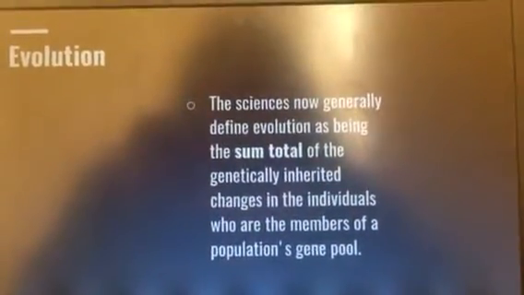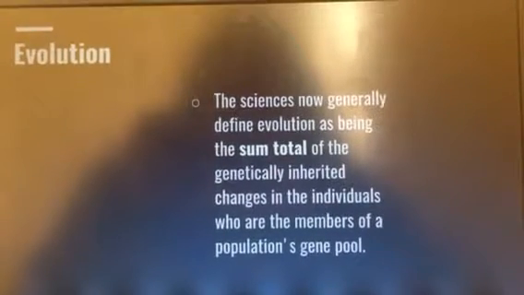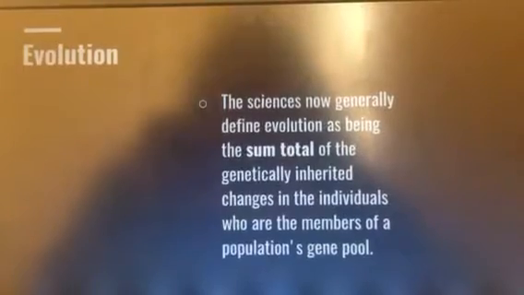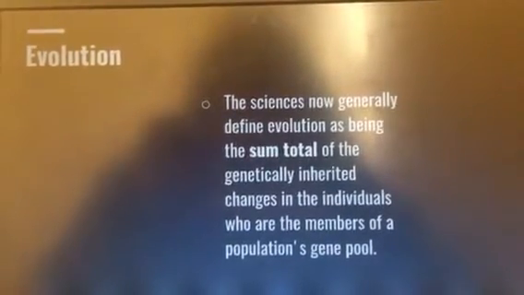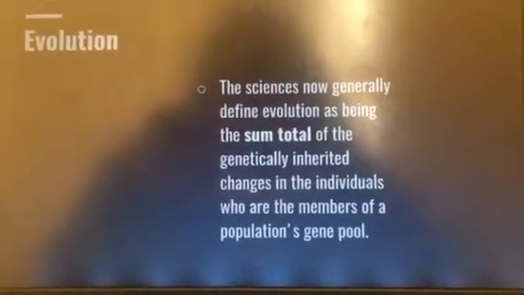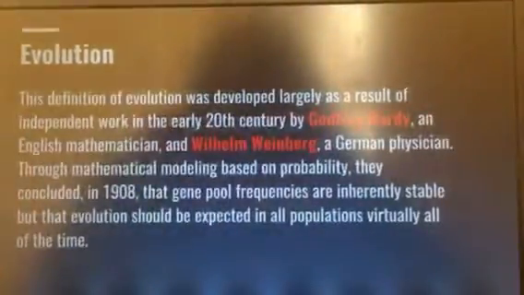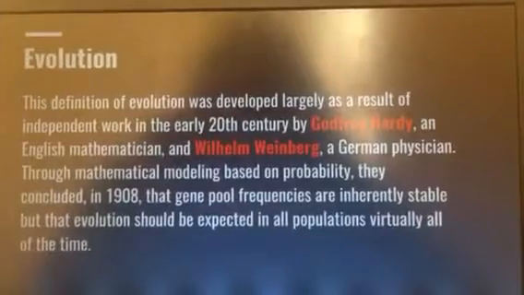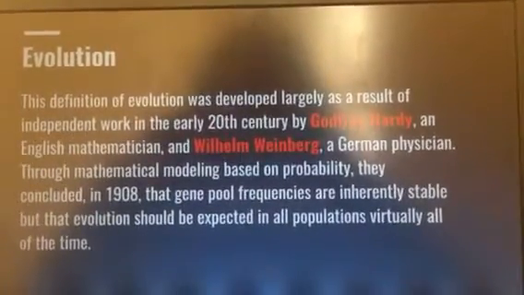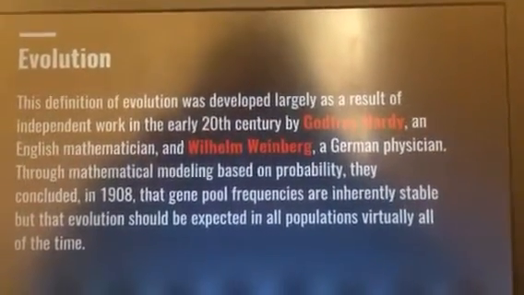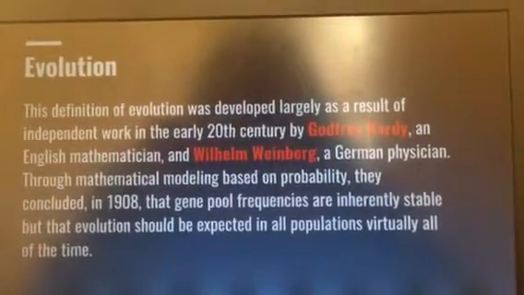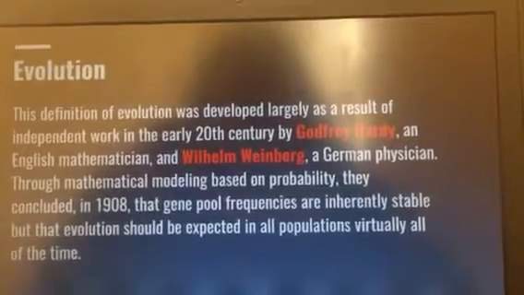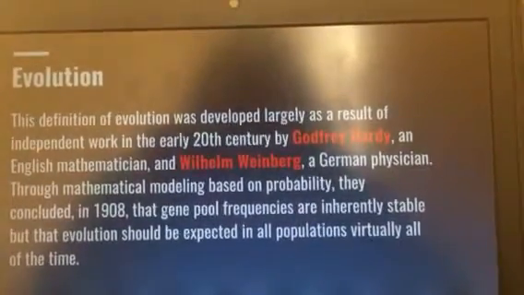Scientists now generally define evolution as the sum total of the genetically inherited changes in the individuals who are the members of the population's gene pool. This definition was developed largely as a result of the independent work in the early 20th century by Godfrey Hardy, an English mathematician, and Wilhelm Weinberg, a German physician.